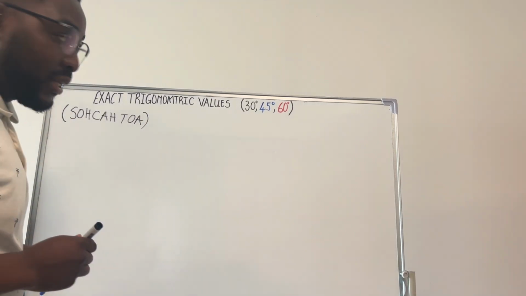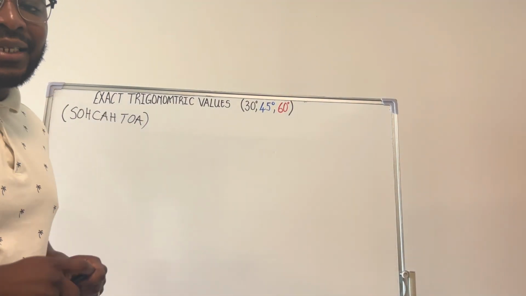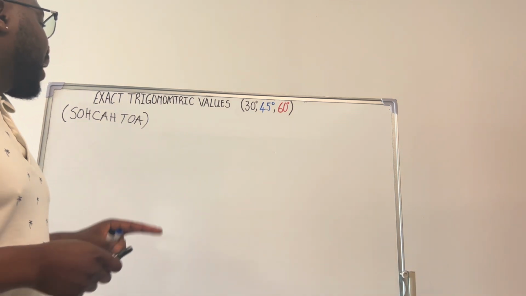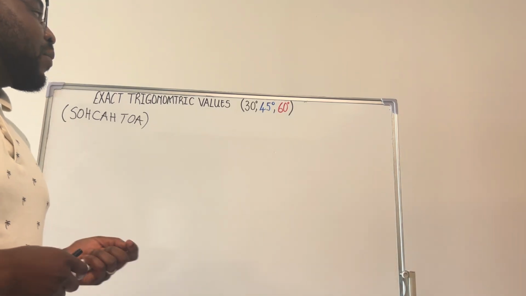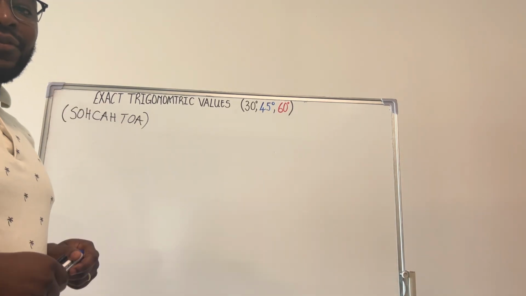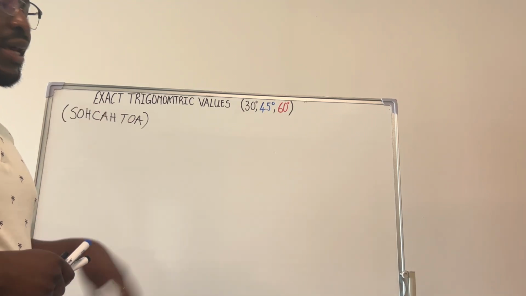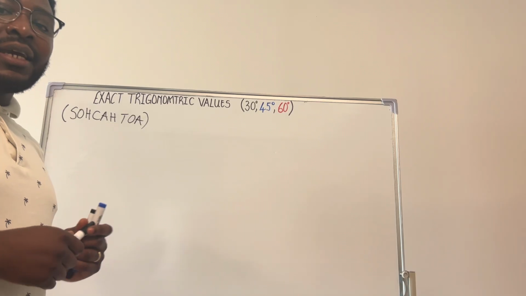So this is the phrase that we used to help us find the missing side and angle in a right triangle. And we're also going to use this same phrase to help us find the exact values of sine, cos, tan for 30, 45 and 60 degrees.